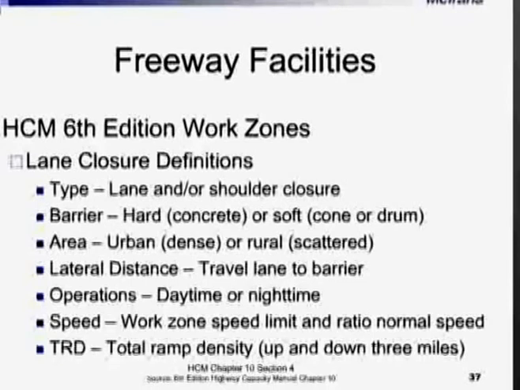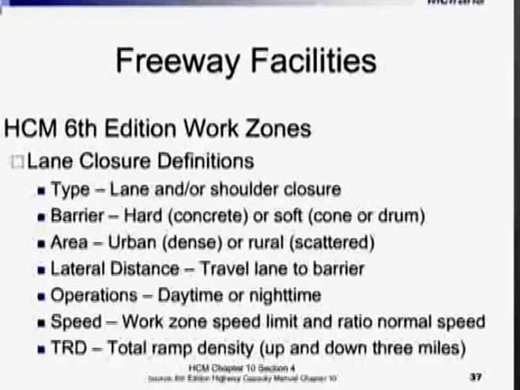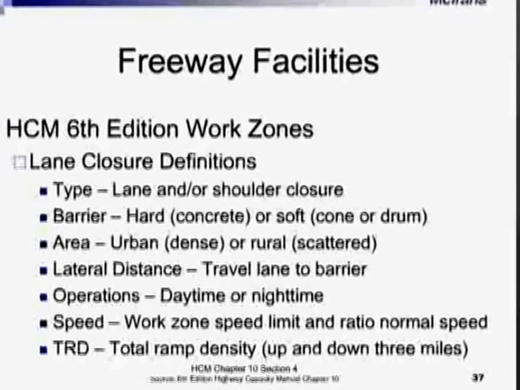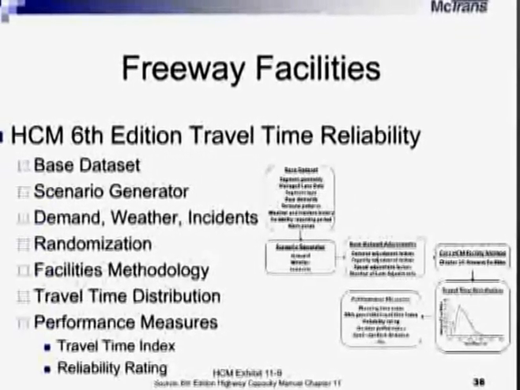Is it an urban or rural area? What's the distance between the travel lane and the barrel? Are we operating at day or night? What's the work zone speed limit compared to normal speed limit and total ramp density? So all these things are put together into a model that gives us a much better analytic to come up with what work zones do to our freeway traffic.